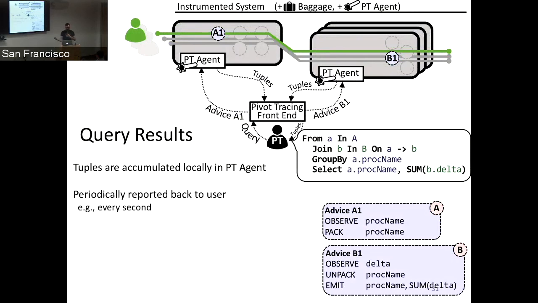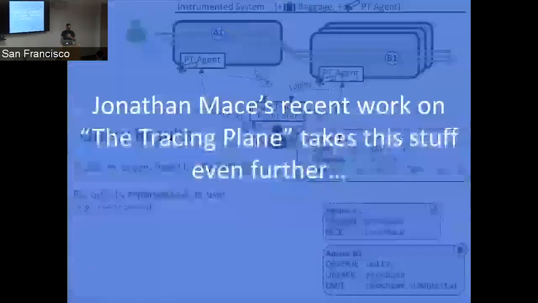So every second you report the stuff back to the user, and if you're trying to do one of these complicated queries, I would imagine, as someone who didn't write this paper, that to make this useful, you'd probably want to bucket things into like time quanta or something like that. And the paper doesn't go into that sort of stuff, but that is sort of an exercise to the reader or whatever. I mean, it doesn't seem super hard.